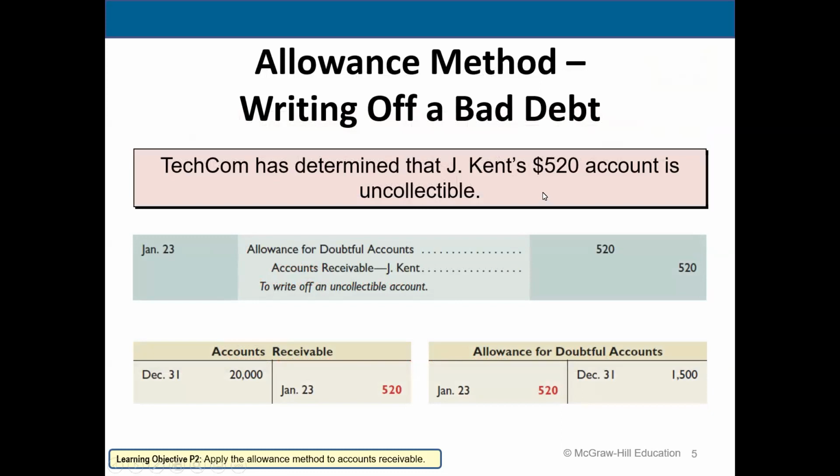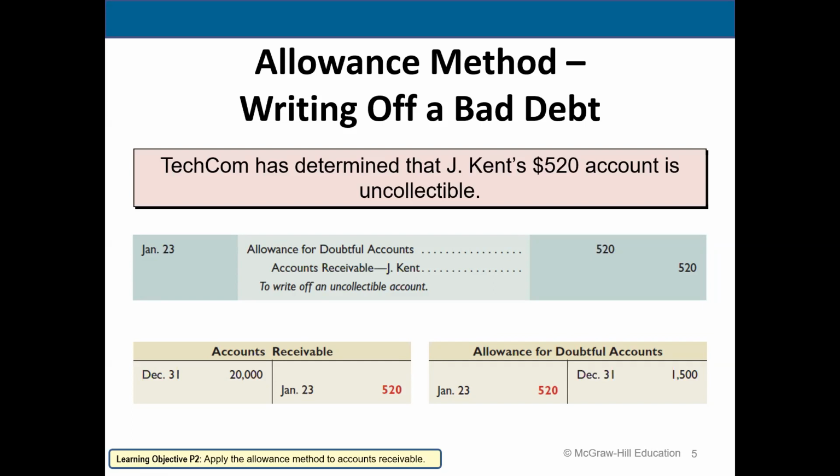All right, so let's say that now we figured out that Mr. Kent's $250 account balance won't be collectible. So now it's like, we estimated $1,500 and now we've figured out what part of it is going to be. So we can't record this as an expense because we already did. We recorded the expense when we estimated it and recorded bad debt expense.